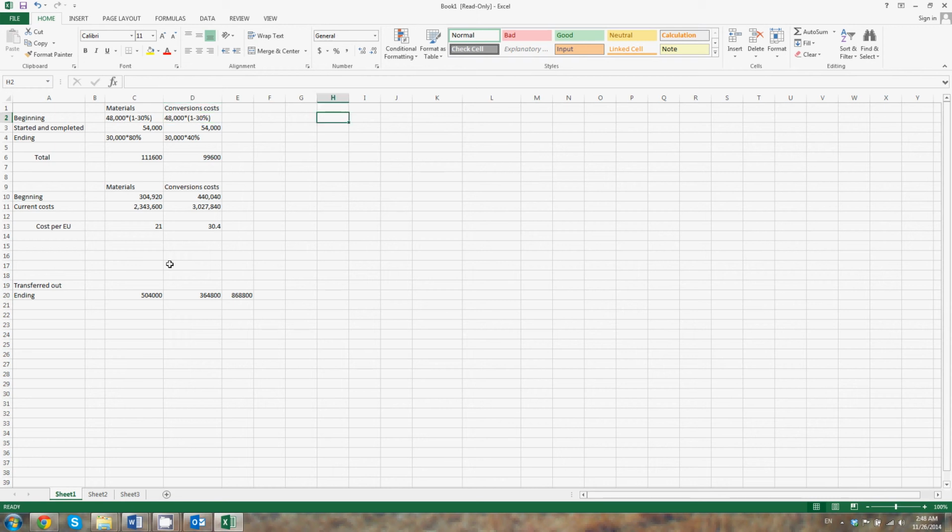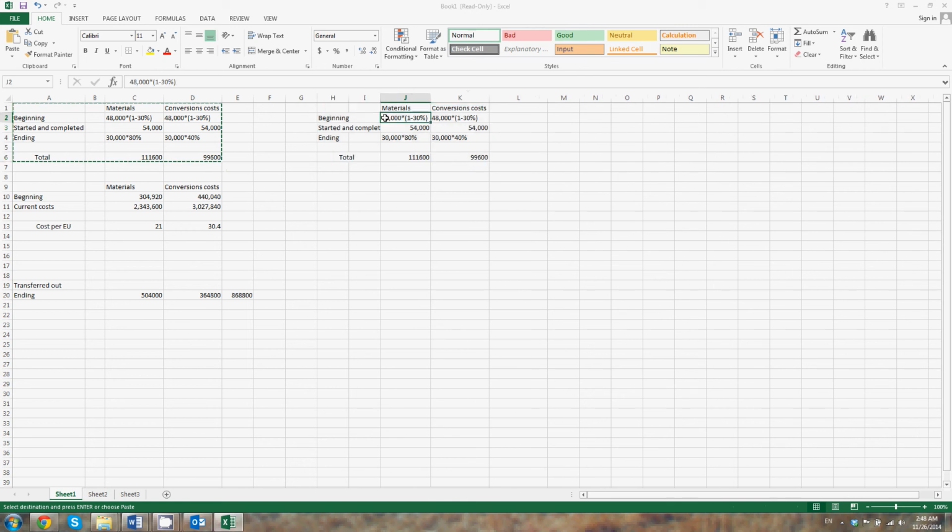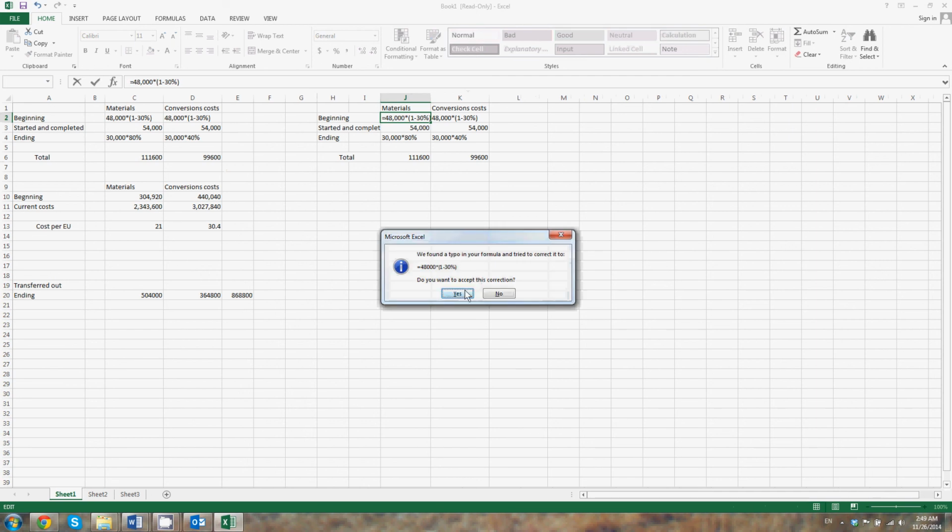So in order to do the calculation for transfer out, it's better to convert everything into numbers.